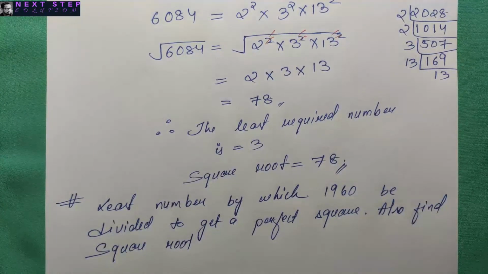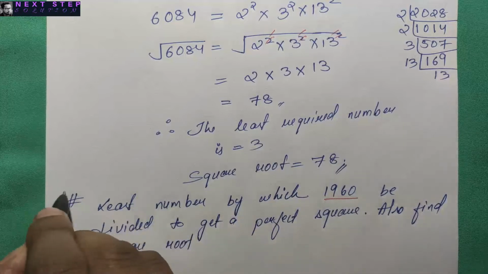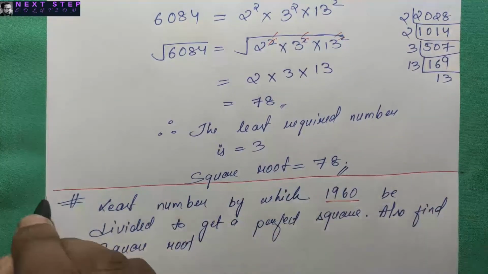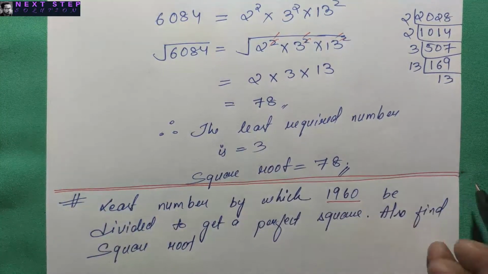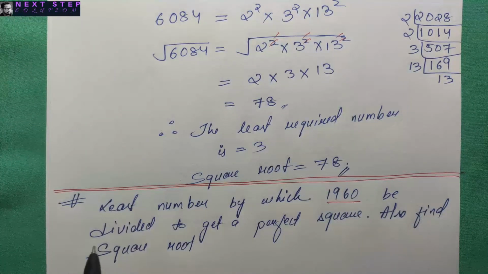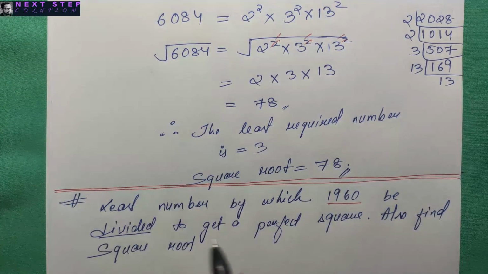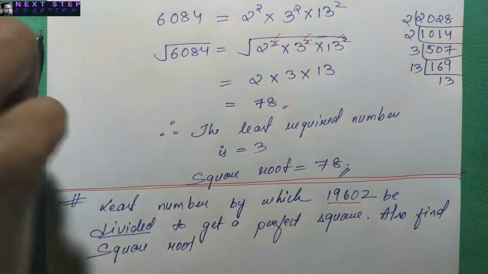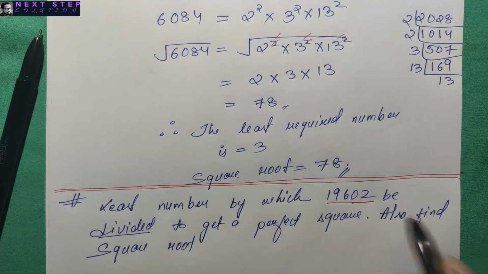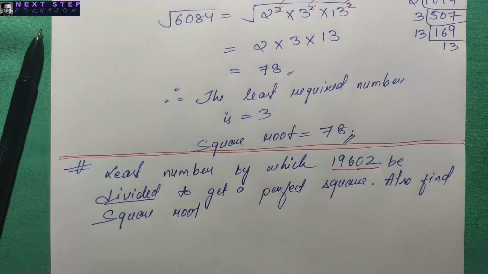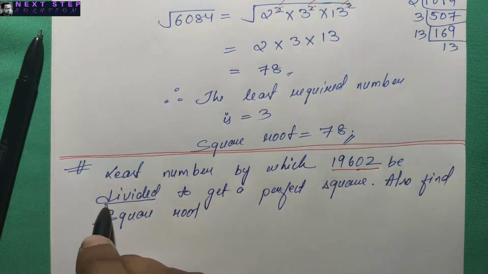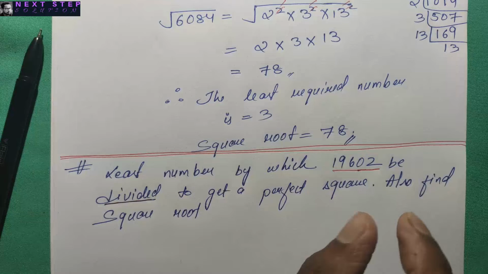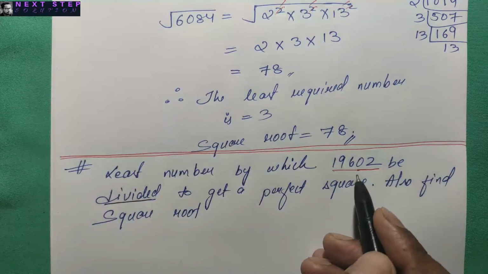Now the number here is 1960, and we have to divide it with something to get a perfect square. Let me make it a 4-digit number. Suppose we have 19,602, and we have to divide it with something, the smallest number which should be divided to make it a perfect square.